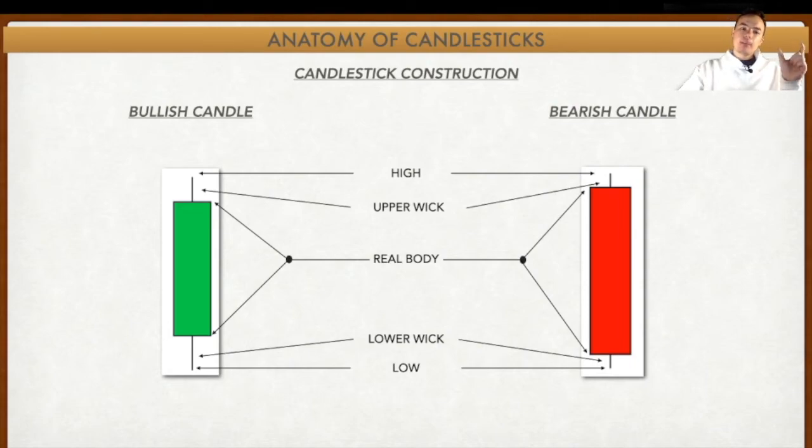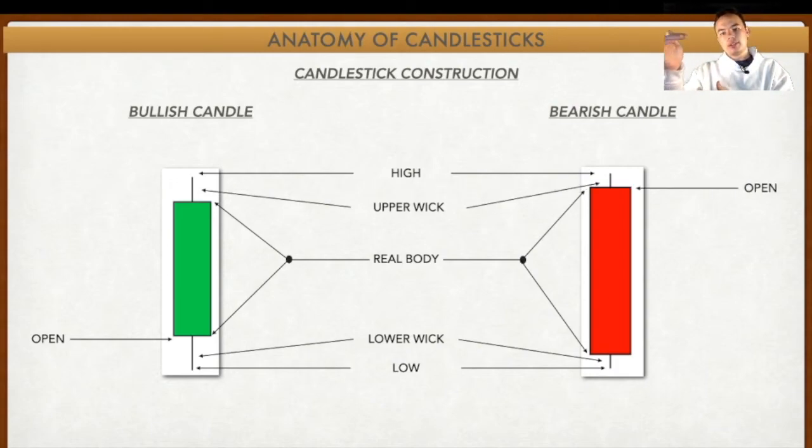If we look at a bullish candle, the bottom is where it opens. But if we look at a bearish candle, the top is where it opens. For a bullish candle, where it closes is the top, and where a bearish candle closes, it's at the bottom.